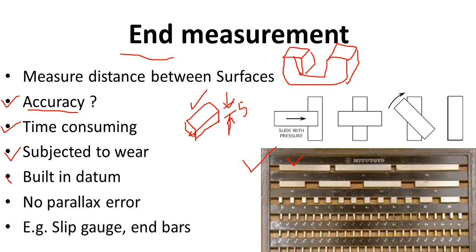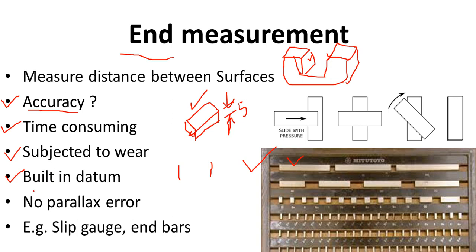Similarly, this particular measurement technique needs a built-in datum, which is not required in the case of a scale. If I want to measure the distance between two lines on plain paper, then certainly I will not be able to use the slip gauge blocks to measure the distance between these two lines. So definitely I need some datum, like this is a surface, this is a surface, which act as a datum for this slip gauge.